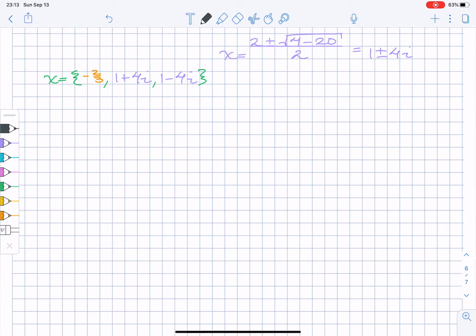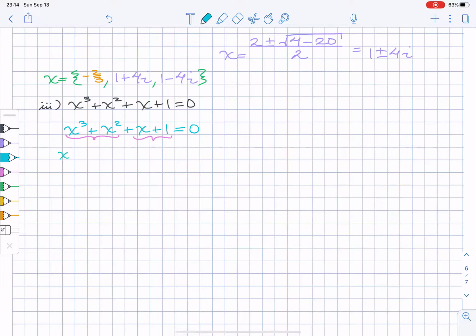So let's make this one a bit easier, shall we? Okay, let's say we have x cubed plus x squared plus x plus 1 is equal to 0. So this one we can actually look at as we would a normal polynomial, in that I can factor by grouping. I notice that each grouping of 2, if I factor out an x squared from the first 2, there's an x plus 1 remaining.